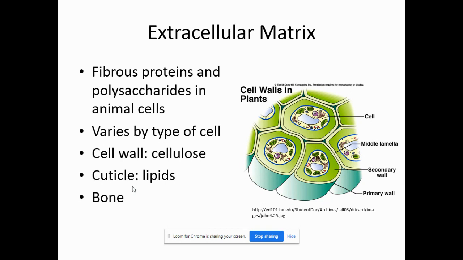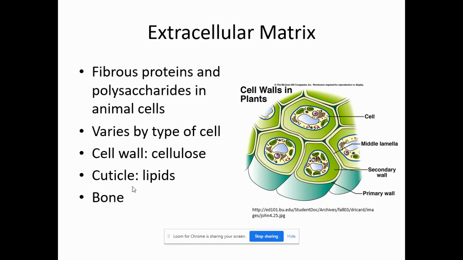Many cells secrete an extracellular matrix, and it's a mixture of fibrous proteins and polysaccharides. The specific composition of the extracellular matrix, as well as the function of the matrix, varies by cell.